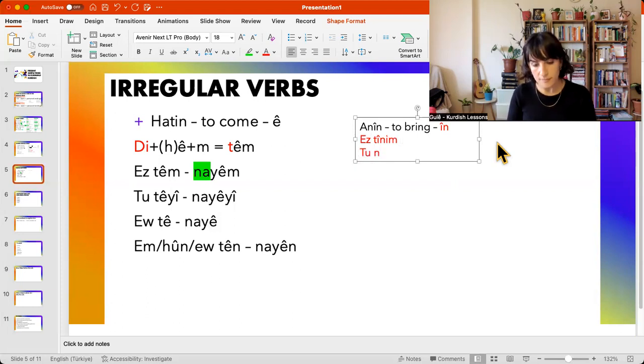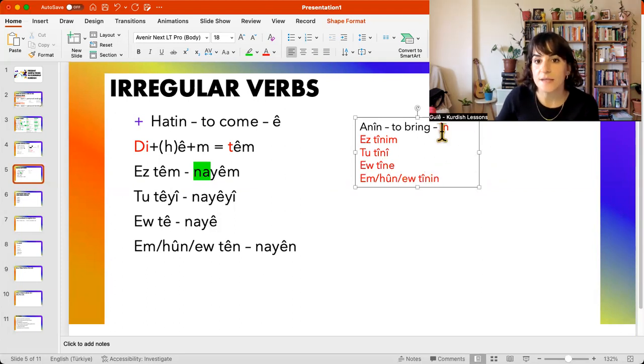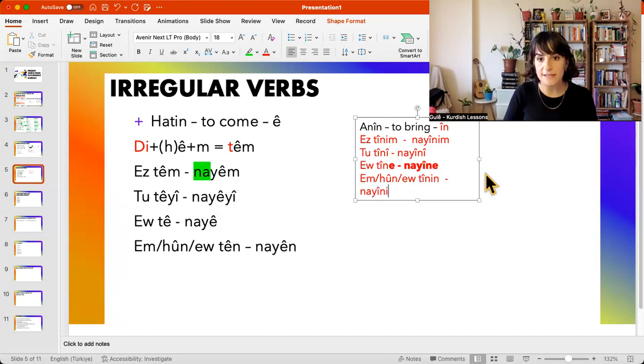Tu tini, au tine. So here we have an e for our third person singular because this verb is not a vowel ending. It's a vowel starting verb. So as tinum, as nayinum, tu tini, tu nayini, au tine, au nayine, am hun au tinin, nayinin.